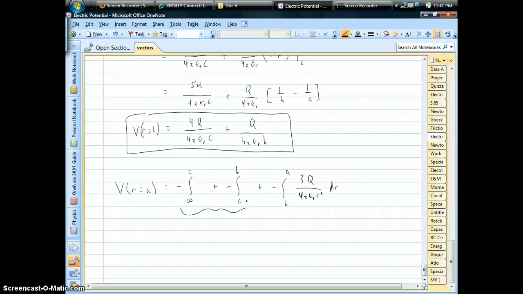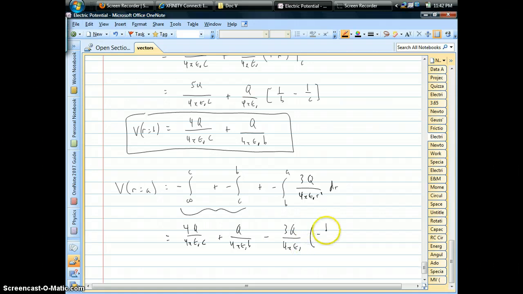Well, we just wrote down the answer to these first two integrals. So we already know what that is. Let me just write those in. And now we have to put in this new contribution.